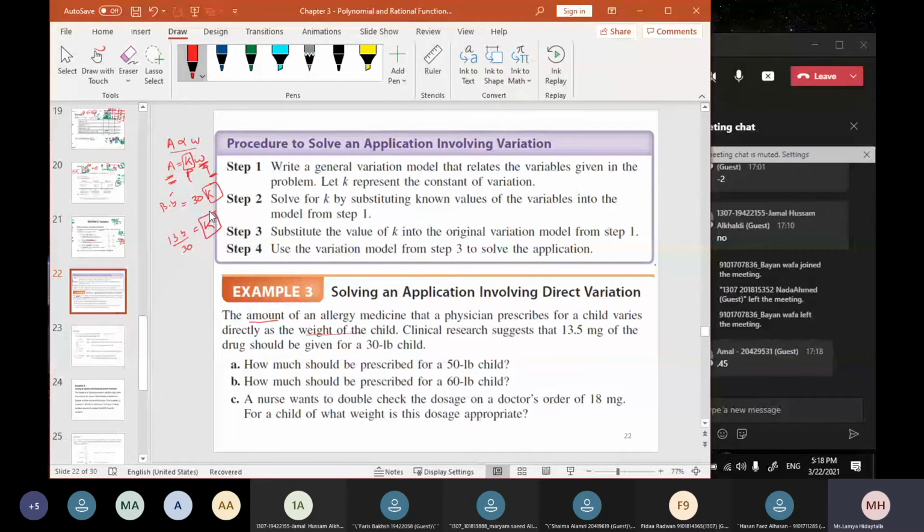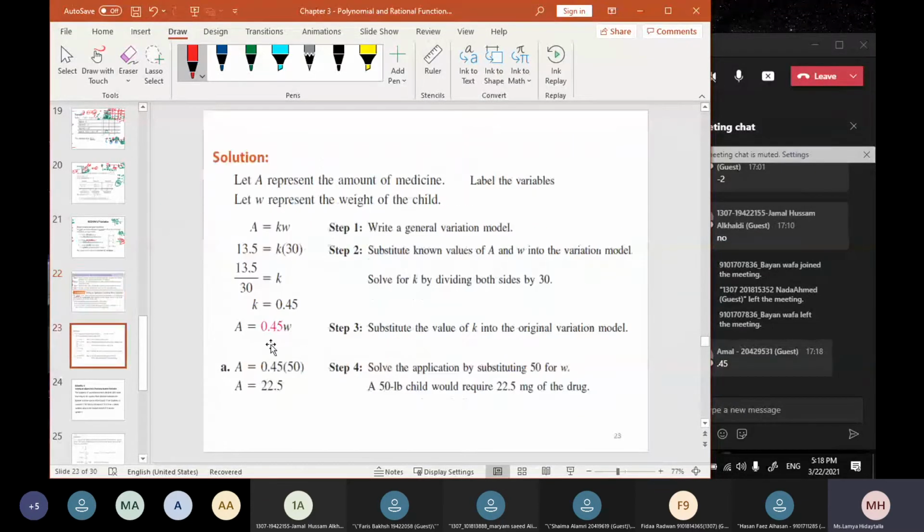So we found the constant of proportionality in this case. The constant of proportionality is 0.45. Now I can find an equation between the weight of the child and the amount of drug he needs.